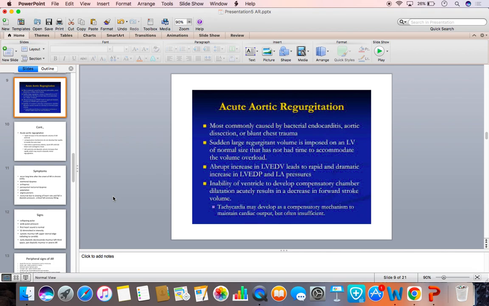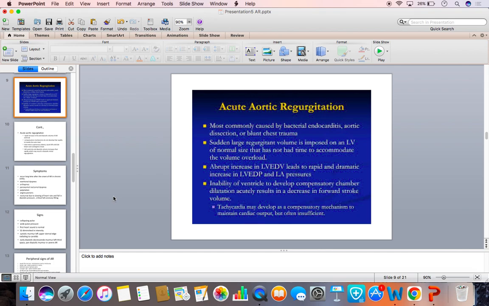So there is abrupt increase in the left ventricular end diastolic volume, which leads to rapid and dramatic increase in the left ventricular end diastolic pressure and left atrial pressures. So inability of the ventricle to develop compensatory chamber dilatation results in a decrease in the forward stroke volume.